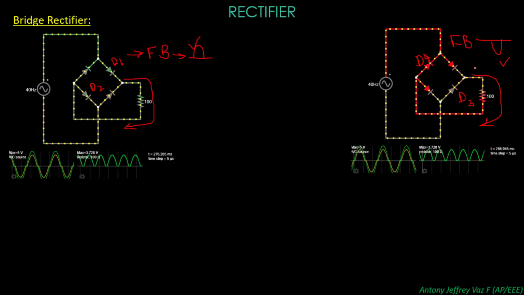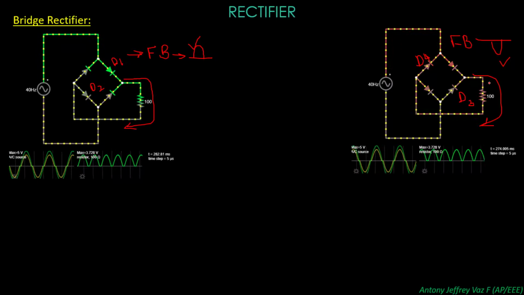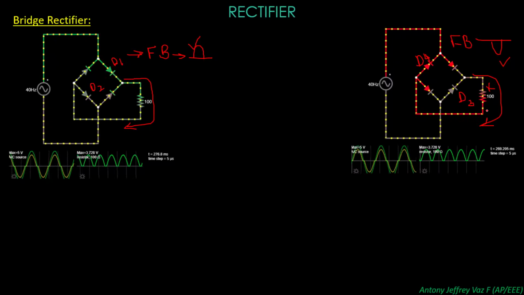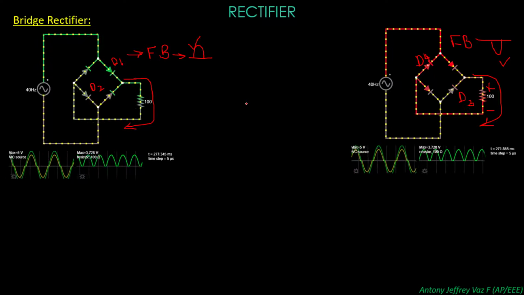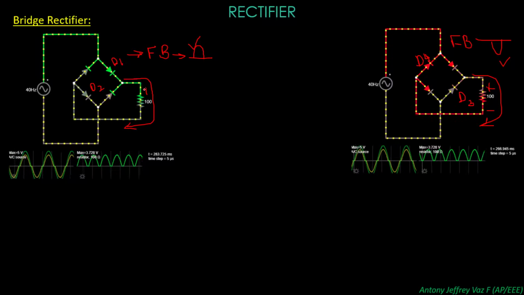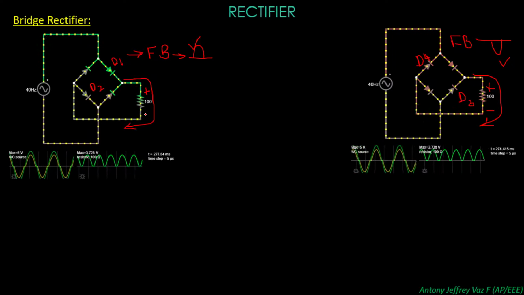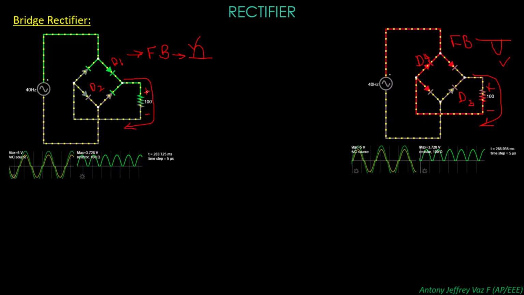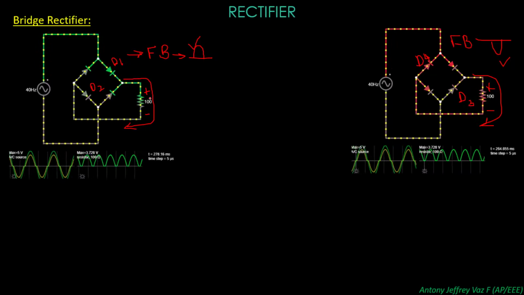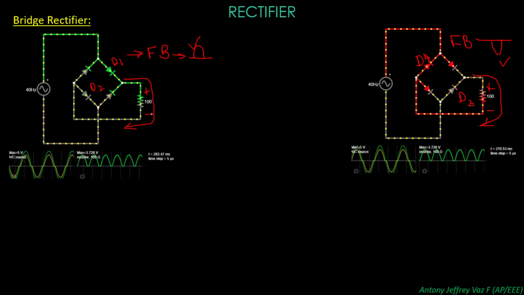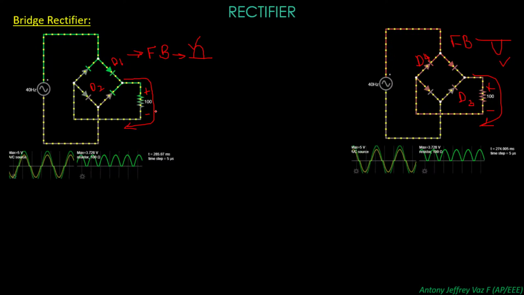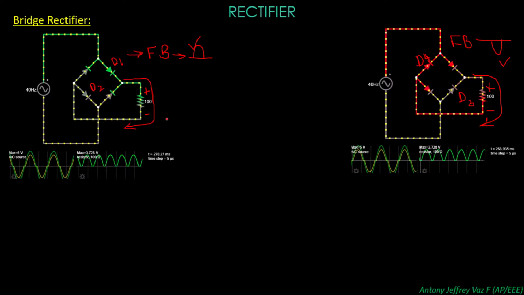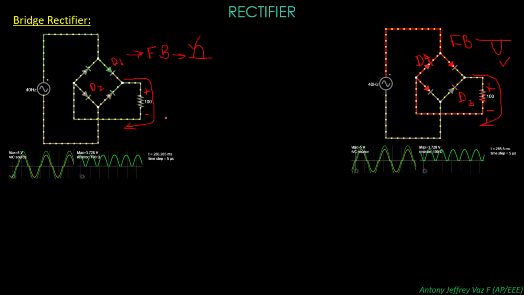So the current direction represents the terminal ratings, that is, this is the positive terminal and this is the negative terminal, and here also, this is the positive terminal and this is the negative terminal. So the terminals do not change, the positive and negative polarities do not change across the resistance. So this is the concept of the bridge rectifier.